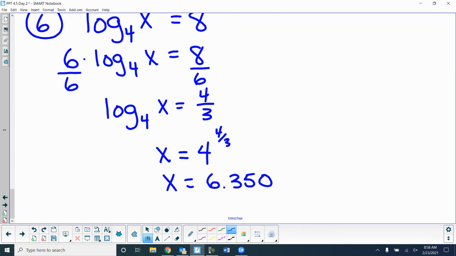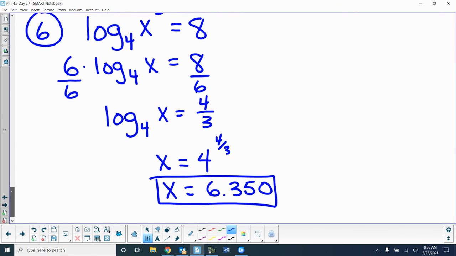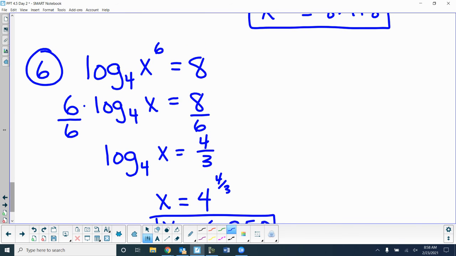If you left it as 4 to the 4/3, I'd give you credit. So again, you're not wrong if you did this. If you said x to the 6th equals 4 to the 8th.